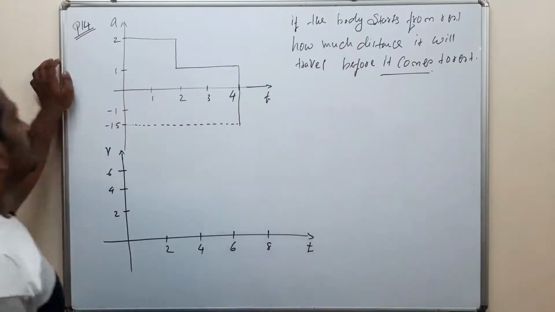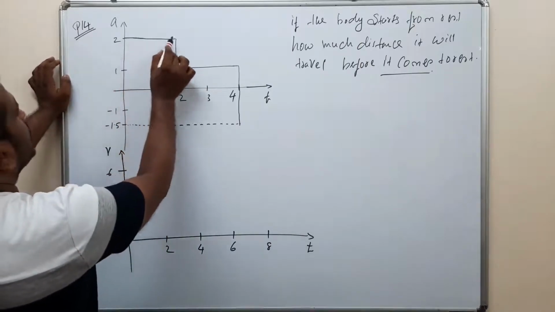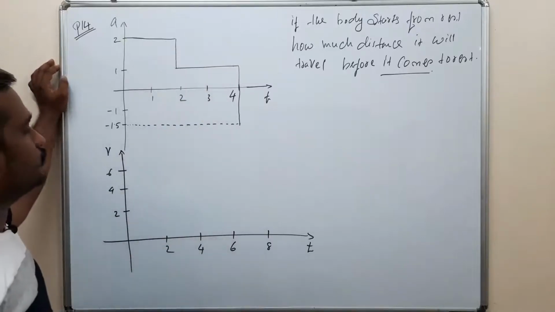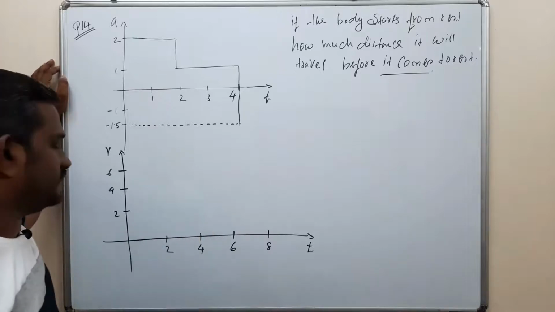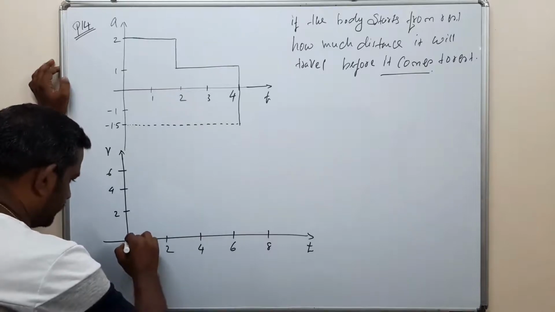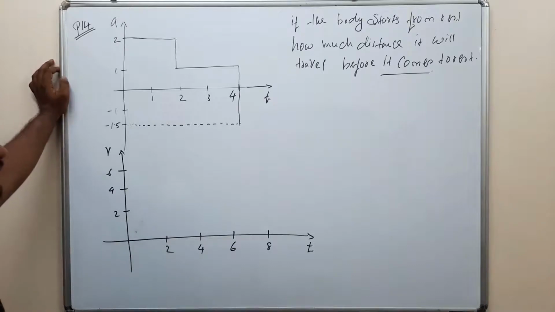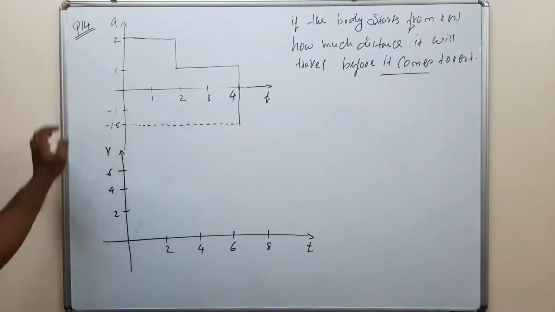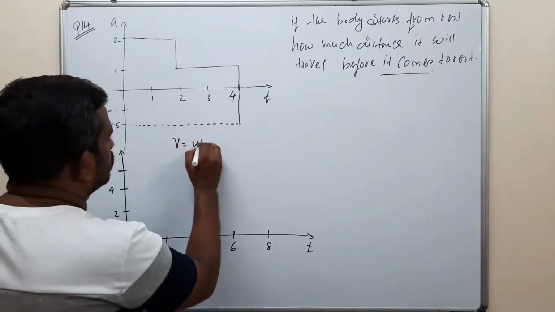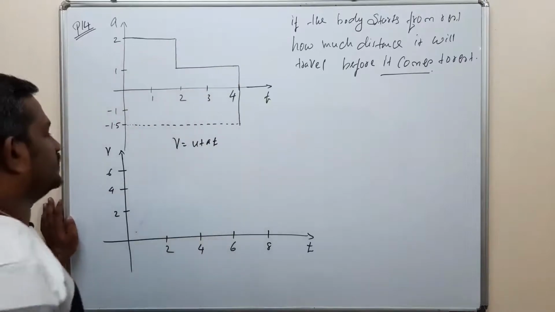It moves with a constant acceleration of 2 for the first 2 seconds. The body starts from rest, so from the origin we can start the velocity time graph. For the time 2 seconds, how much velocity it gains, we can use the equation v is equal to u plus at, because the body moves with constant acceleration.